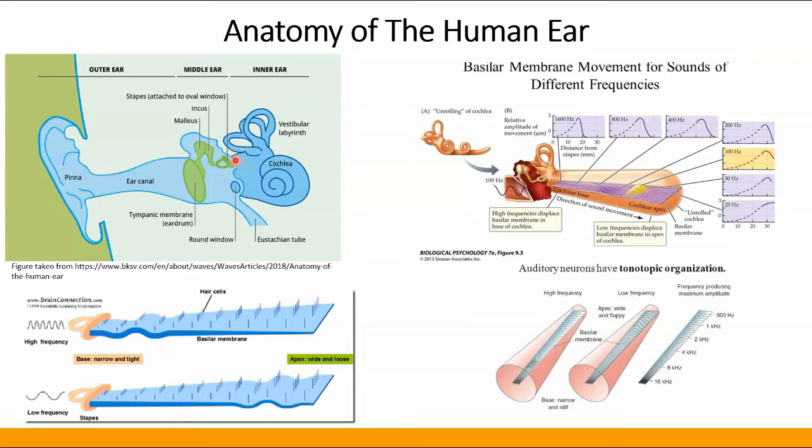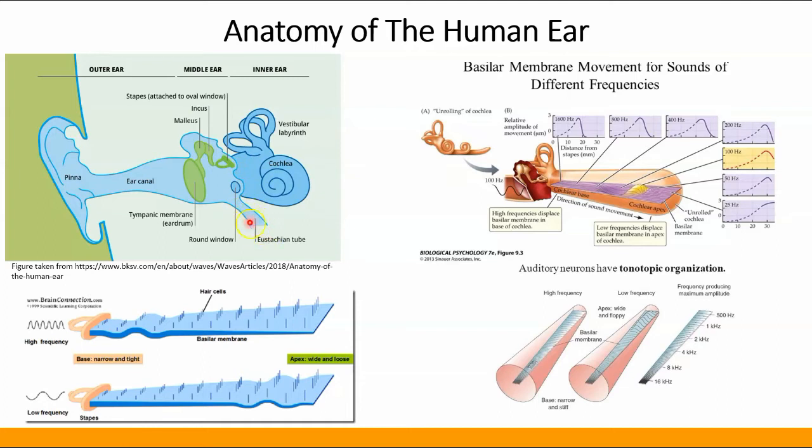The ossicles are composed of three little bones: the hammer, also called the malleus; the anvil, also called the incus; and the stirrup, also called the stapes, that helps transmit the sound waves to the oval window of the cochlea.